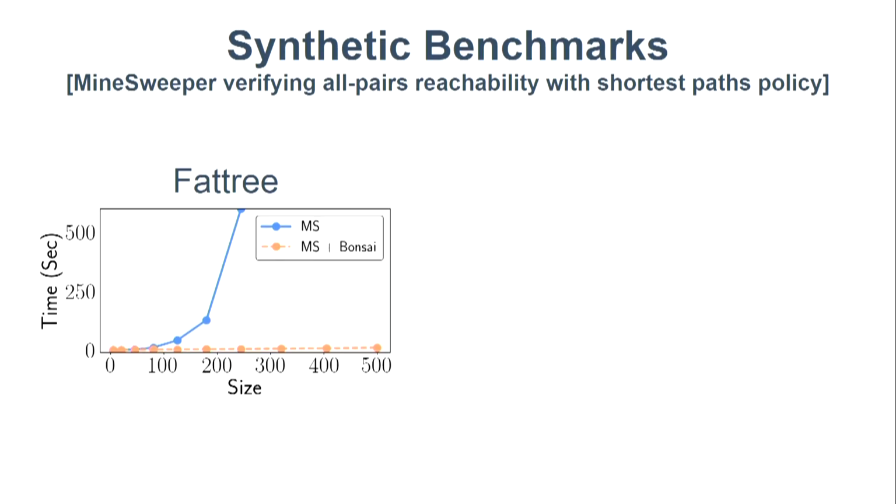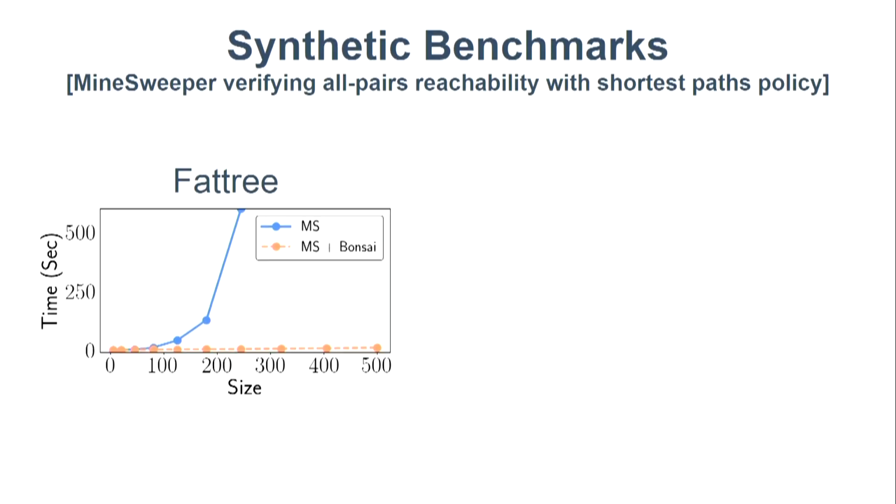Okay, so we've evaluated our tool on both some synthetic benchmarks and on some real networks. I wanted to first show you, in some sense, what the best possible case scenario for our tool is. In this scenario, we are trying to verify a fat tree topology that has a very simple policy.